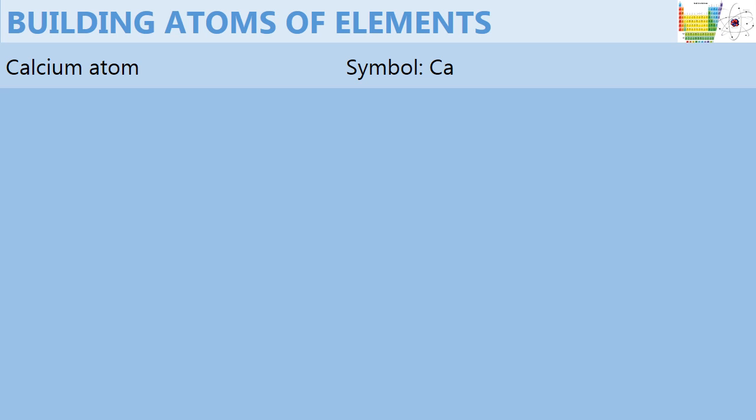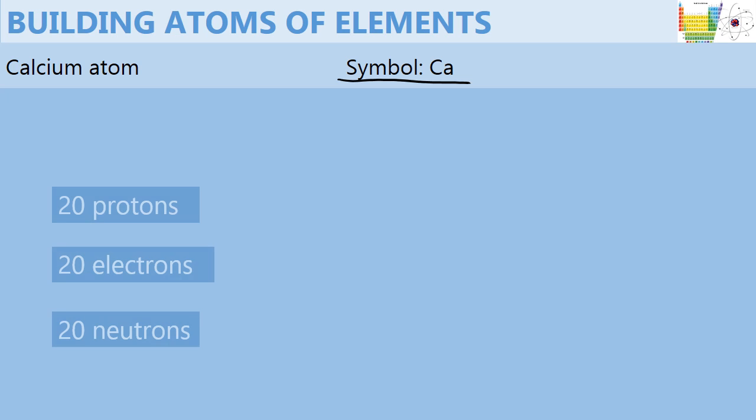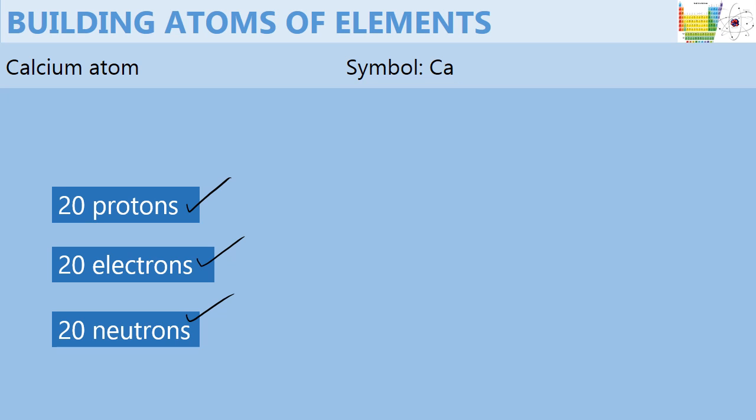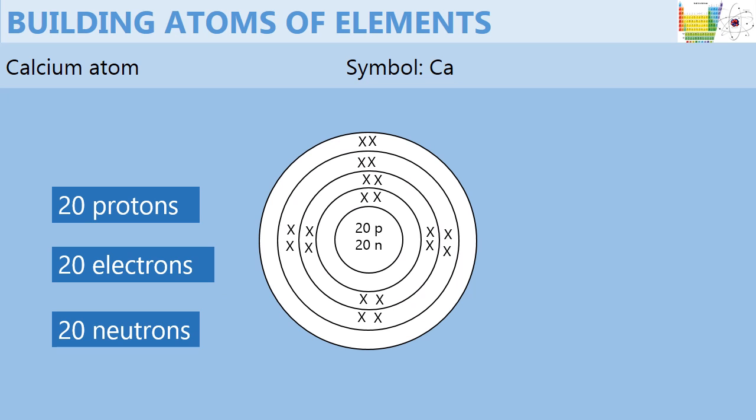For the calcium atom, represented by the symbol Ca, it contains 20 protons, 20 electrons, and 20 neutrons. The structure of calcium atom is represented as follows.